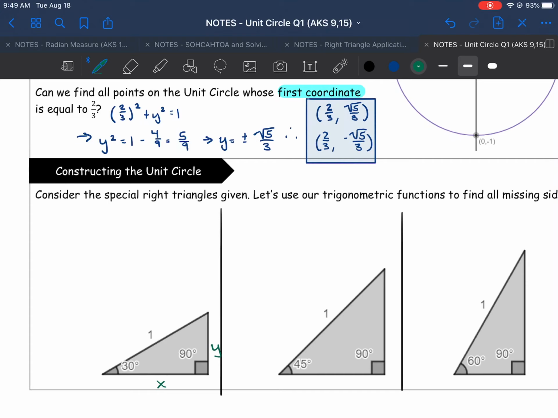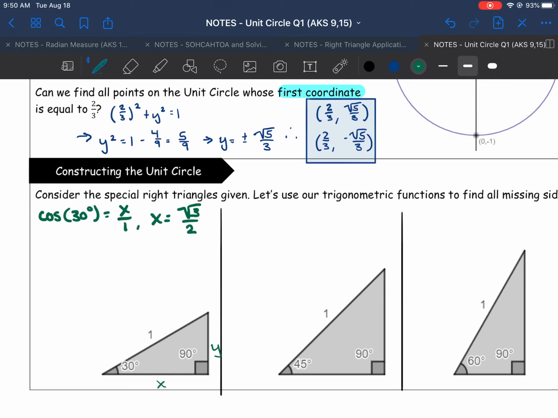If I were to take the cosine of 30 degrees, that would be equal to the adjacent leg x divided by 1. And simplifying the cosine of 30 degrees, because if you type it in Desmos or your calculator, you're going to get a decimal, the exact answer would be that x is equal to the square root of 3/2.